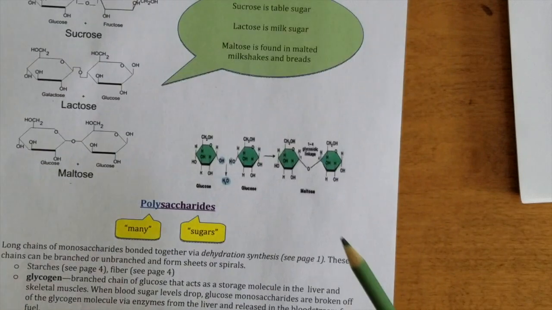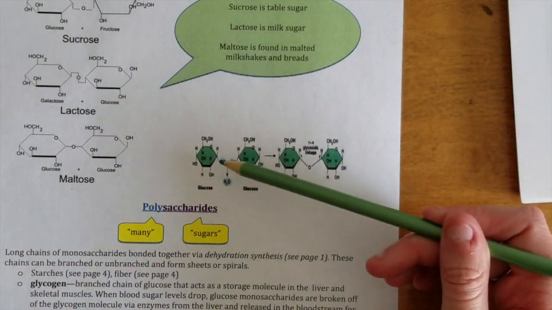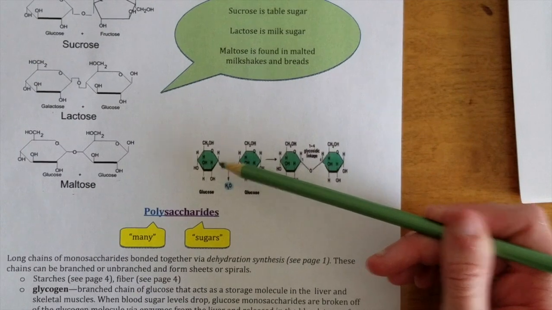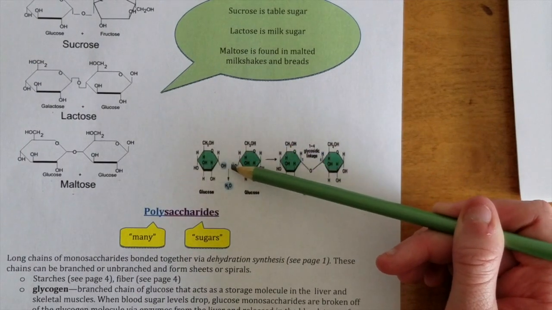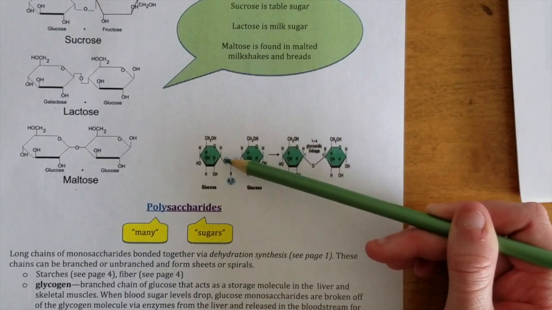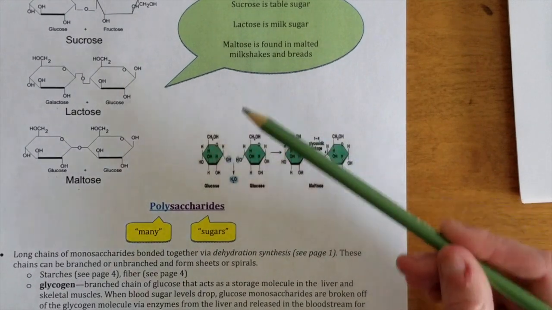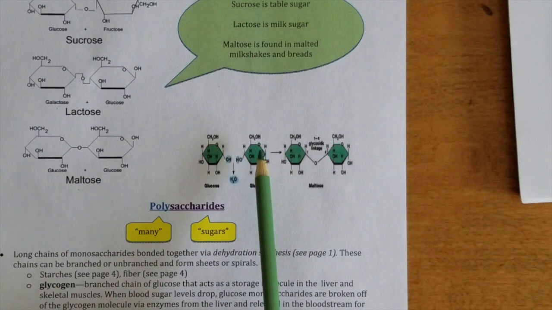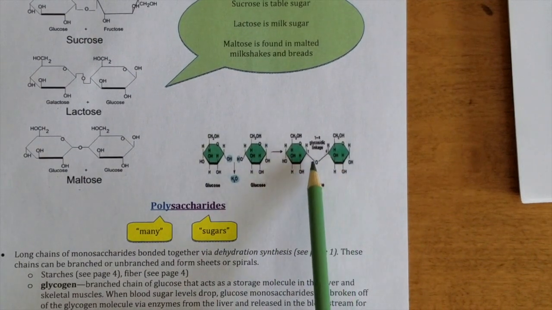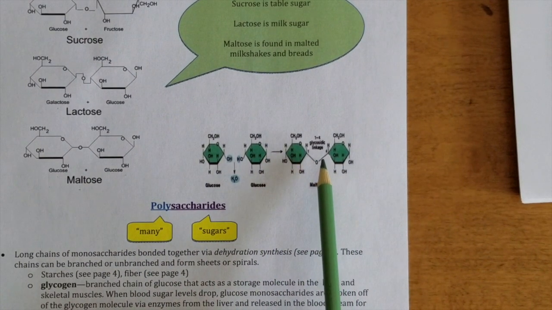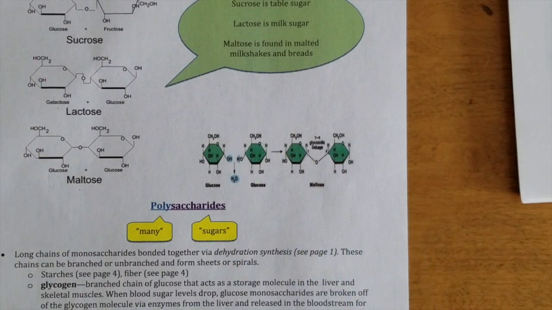So here's a reminder of what that is. We take a hydroxyl group from one monosaccharide and a hydrogen from the other. 2 H's and 1 O, H2O. Out pops a water, and we went from 2 monosaccharides to a disaccharide, with the oxygen sort of forming a bridge in between the 2.